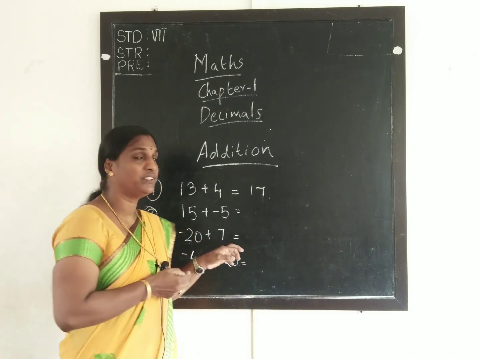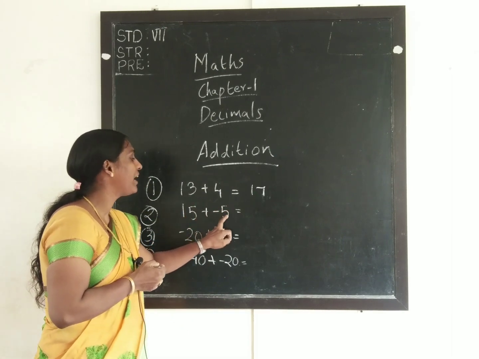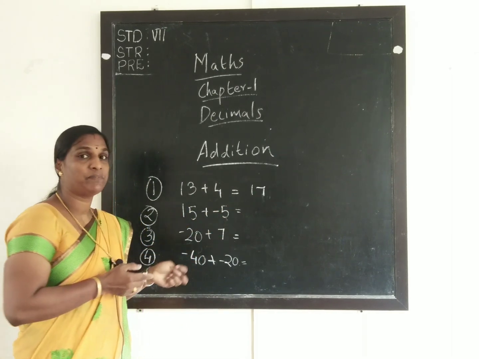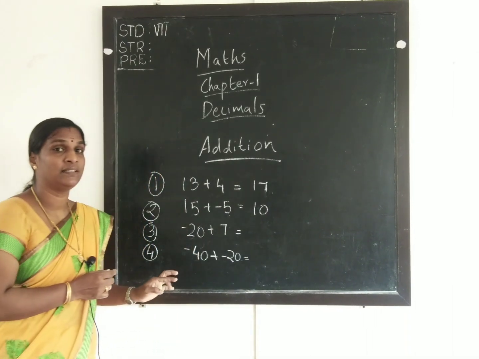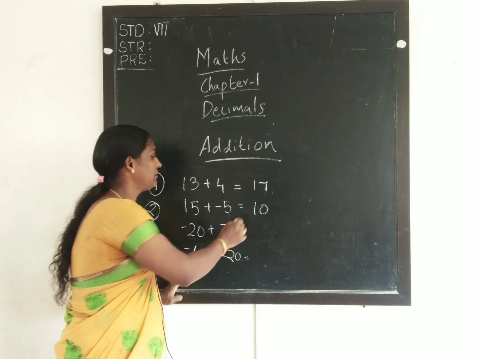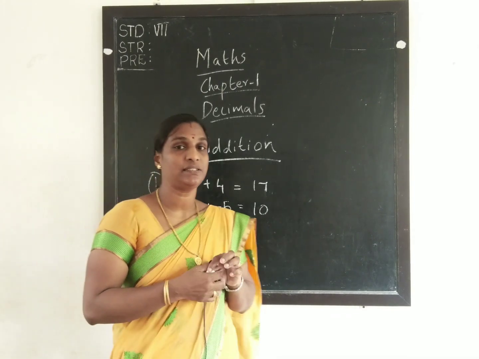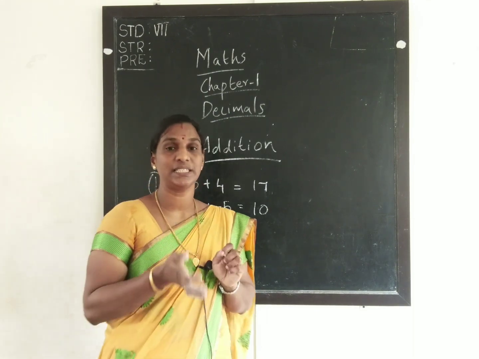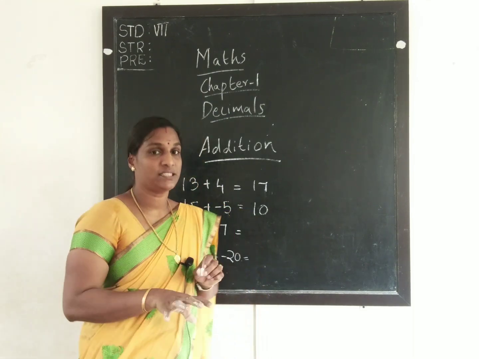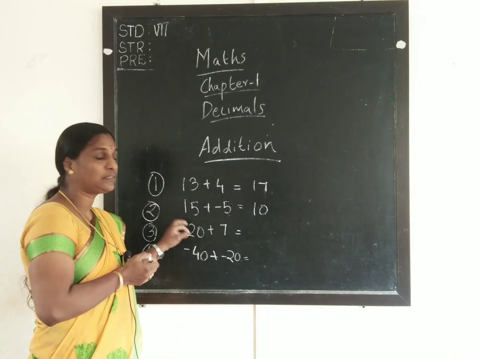The sign will be that of the greater number. Here 15 is the greater number, 5 is the smaller number. You subtract 5 from 15 and the answer is 10. And what will be the sign? The sign of the greater number, that is positive. So if we are adding two numbers of different signs, we subtract the numbers and put the sign of the greater number.